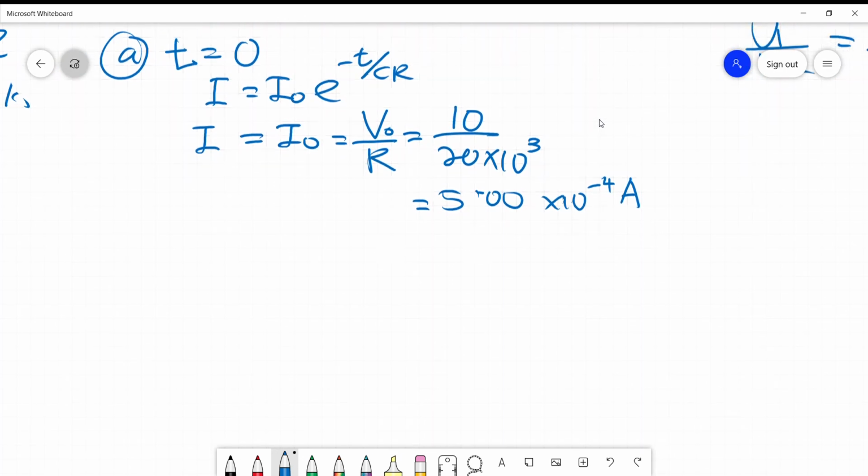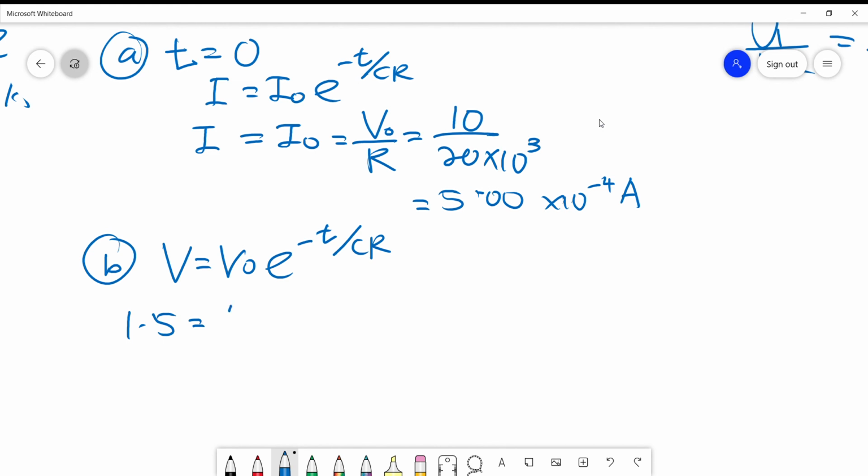For the discharging circuit, the potential difference is V naught e to the power negative t divided by CR. So this is 1.5, and this is 10, and t is the one that we need to find.